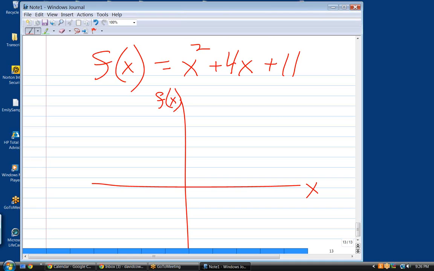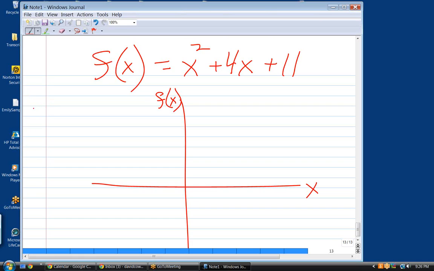You must have been taught about the vertex of a quadratic. It's at the vertex where that minimum takes place. So we need to find the vertex. When you have a quadratic in standard form, which is what this is, there's a formula for the line of symmetry, which is the x-coordinate of the vertex.